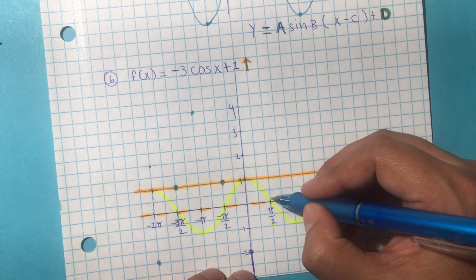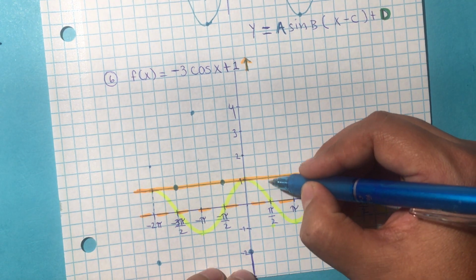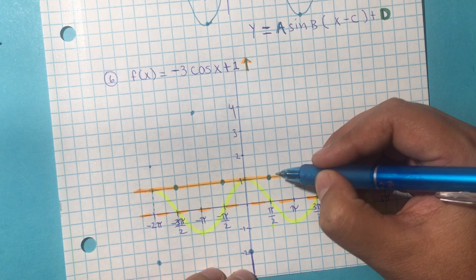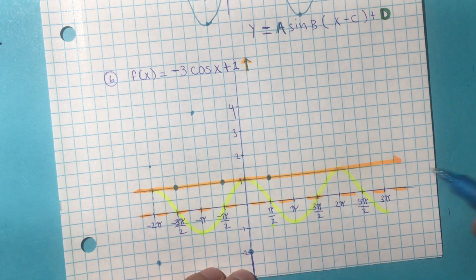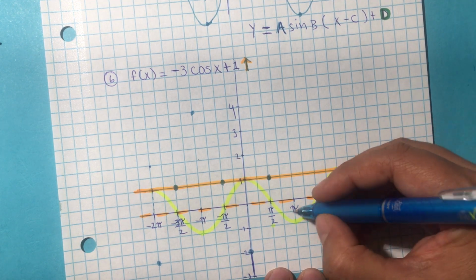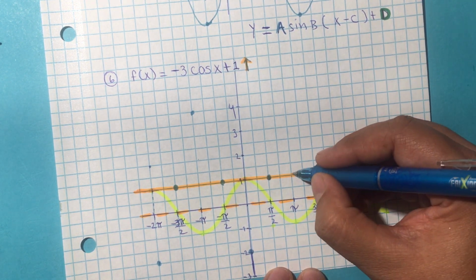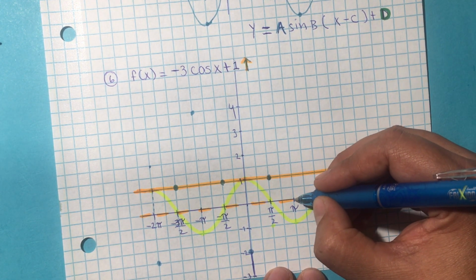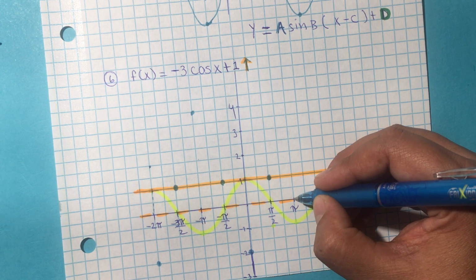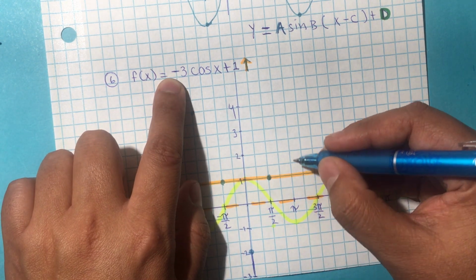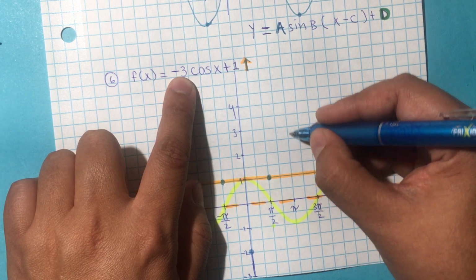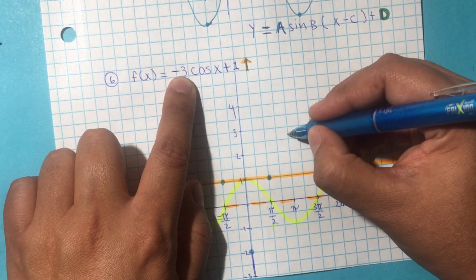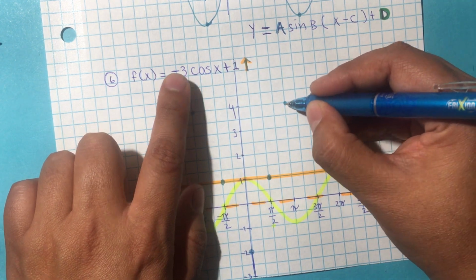The next one is right on the line, but now it's on the new line. Okay, right on 0, right on the new midline. This is below the original line, so this is going to be below 1 space. But again, it reflects because of the negative right here and multiply by 3. This times 3 is 3, so 1, 2, 3 spaces.